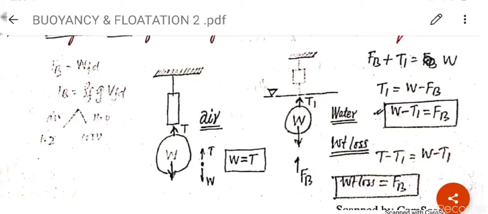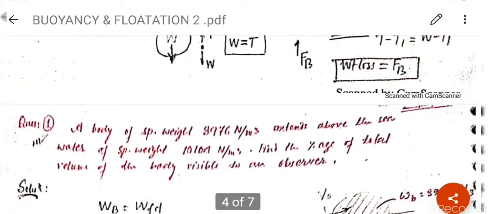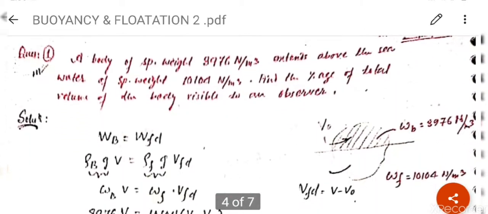T minus T1 is nothing but weight loss of a body, which is equal to buoyant force. Clear? Now I am solving a problem related to these concepts which I explained in the last lecture and am explaining today. Clear? So read the question.